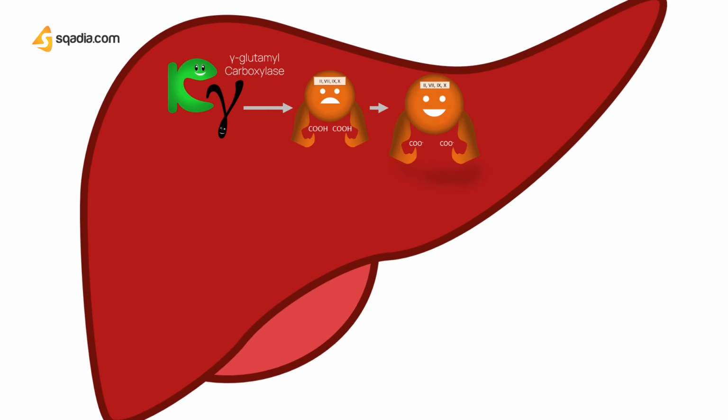Now going back, during the carboxylation of pre-clotting factors, the vitamin K gets reduced to vitamin K epoxide. Now this vitamin K epoxide is of no use for the carboxylation process and the liver doesn't want to send it out. So what do we do with the useless things that we do not want to throw out?